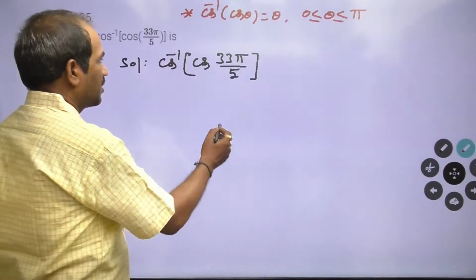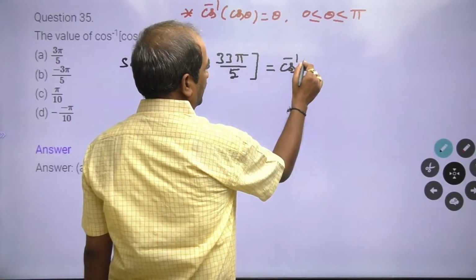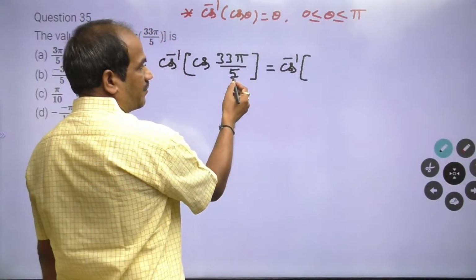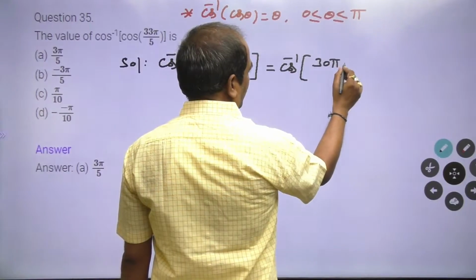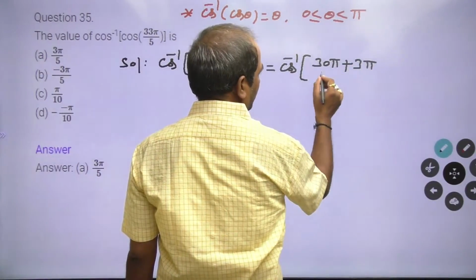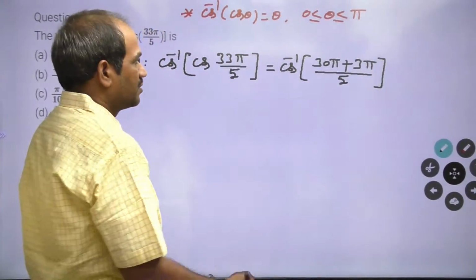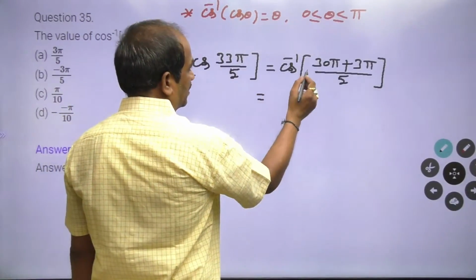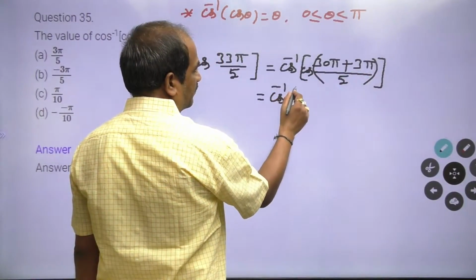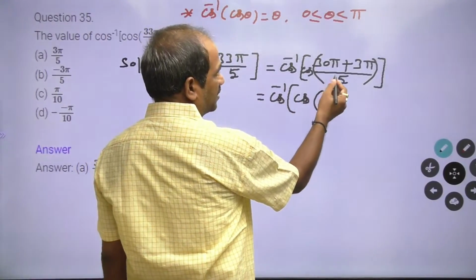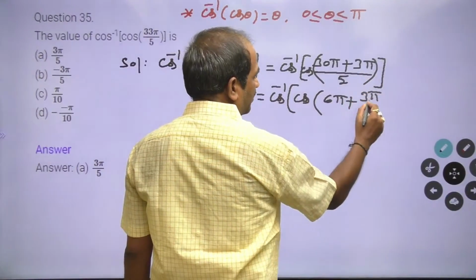So convert it into a suitable value. Cos inverse of cos of 33 pi by 5: 33 pi is 30 pi plus 3 pi, so 33 pi by 5 is 6 pi plus 3 pi by 5.